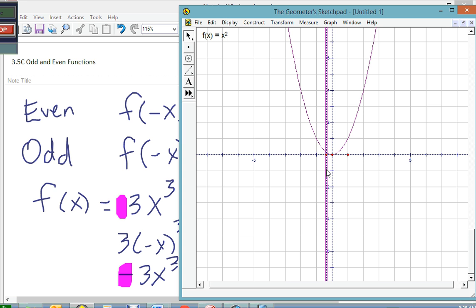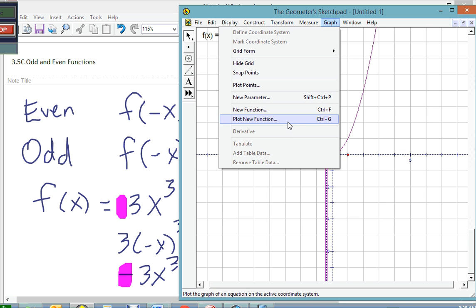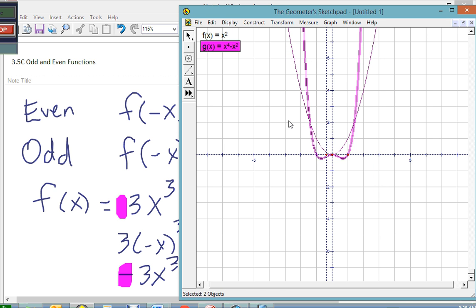It's always going to be that way. Let's do a little more complicated one, like x to the 4th minus x squared.